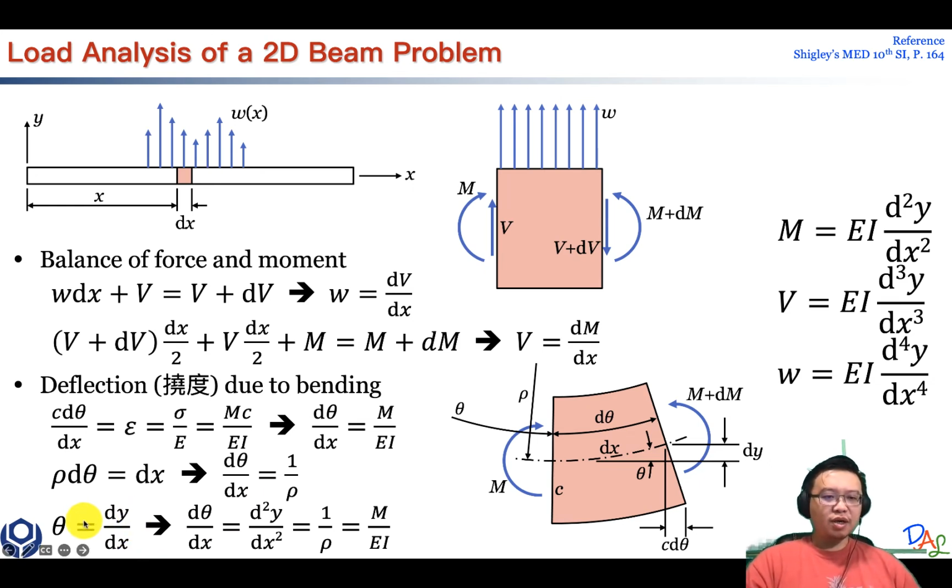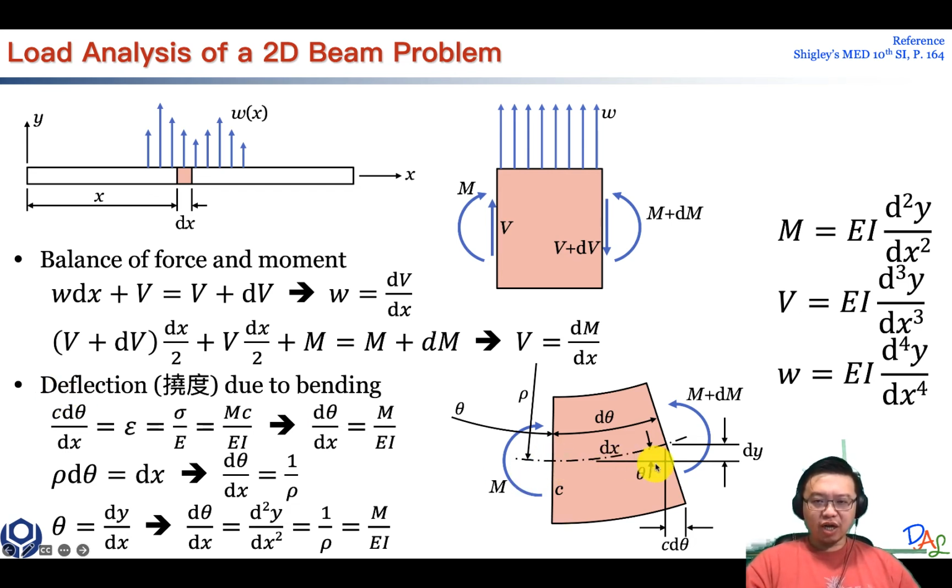Now, how about this one? Theta equals dy over dx. Let's take a look. You'll see a very small triangle here. The angle right here is theta, and the height is dy. We define this as an increment of deflection.